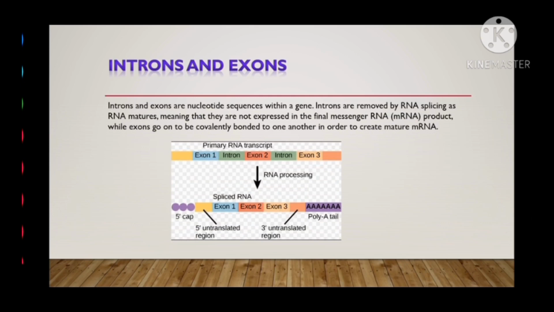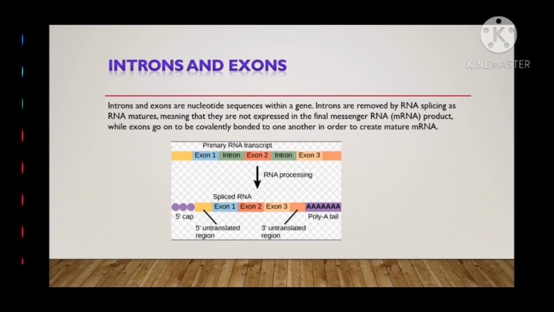Talking about the exon, these are nucleotide sequences within the gene that code for protein, right? Now it has been observed that in the DNA from which the RNA has been created, there are certain regions which can code for protein, and certain regions which cannot code for protein.